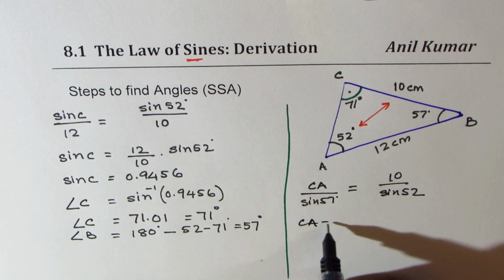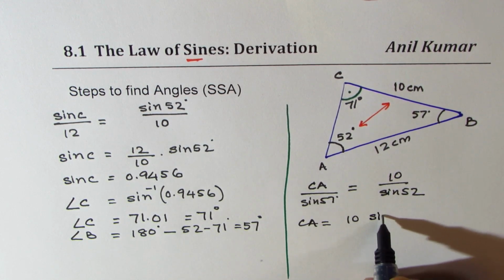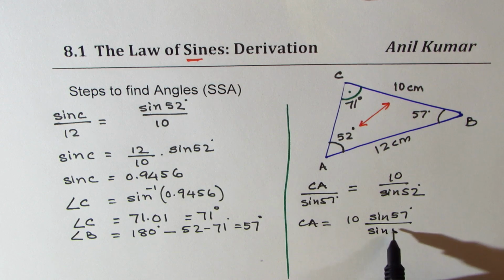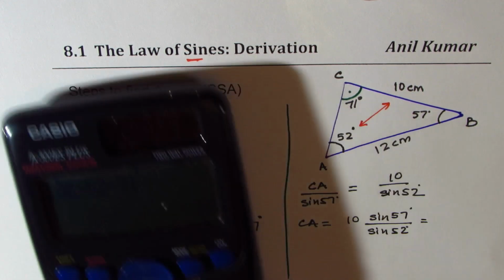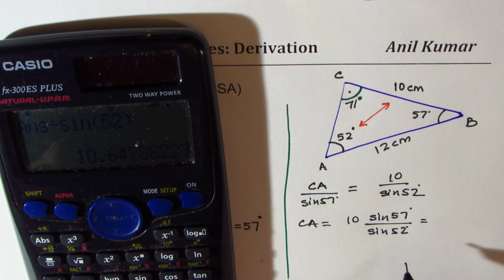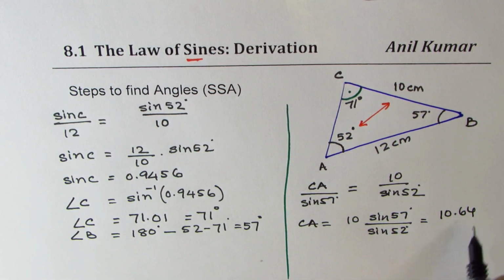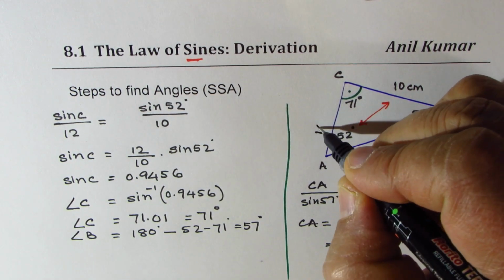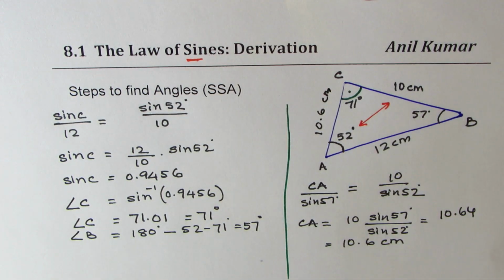So CA, the length, equals 10 times sine of 57 degrees divided by sine of 52 degrees. Let's calculate. It is 10.64. Rounding to one decimal place, we get 10.6 centimeters. Correct? So that is how we could solve our triangle completely.